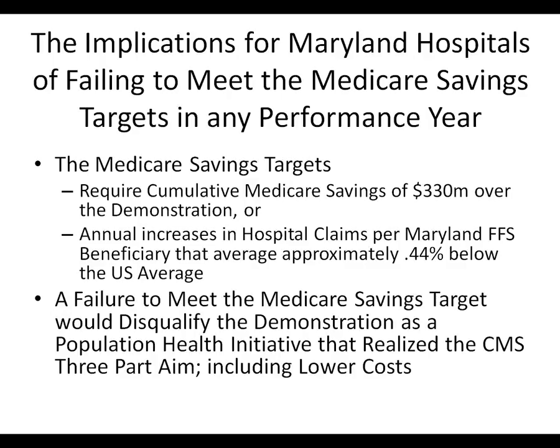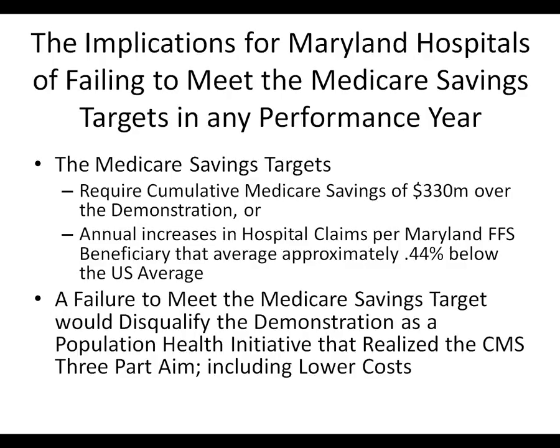If one is to convert this into an annual savings requirement, in other words, an amount that if the hospitals were to save this particular amount each year, it would equal the $330 million, that conversion is about 0.44%. So effectively, the Medicare savings targets are requiring us to operate at 44/100% below the national rate of increase in hospital claims per fee-for-service beneficiary.